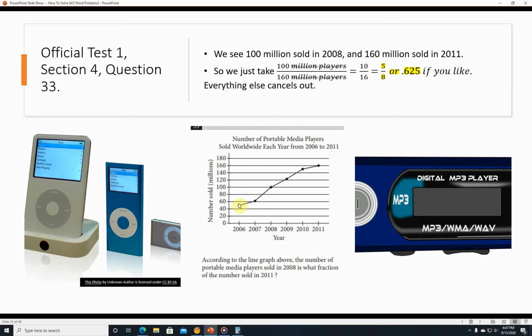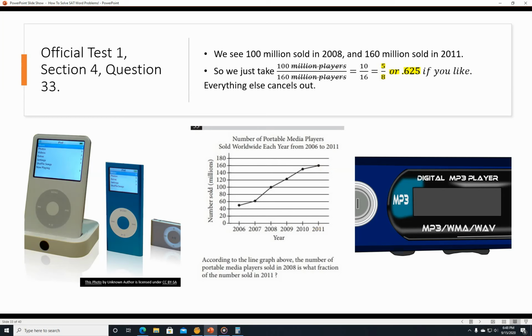So we see in 2006 it was roughly 50 million sold. 2011, just about exactly 160. They want 2008, my mistake. So, okay, 100 million sold in 2008 and 160 sold in 2011.